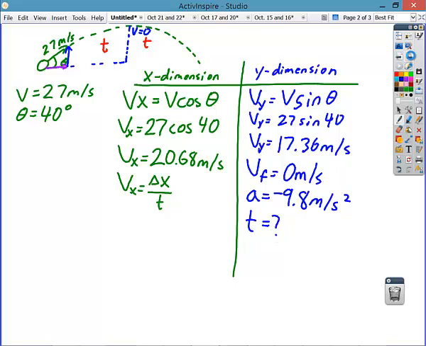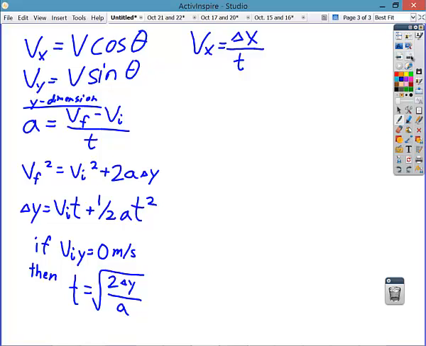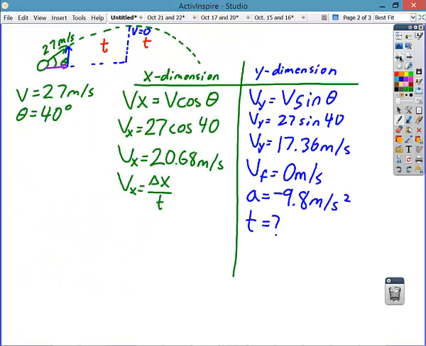Which equation do I use? I have A, VF, VI, and T. Which equation? Okay. A, VF, VI, and T, right? So this is the only one that matches, so that's the one I'm going to use.